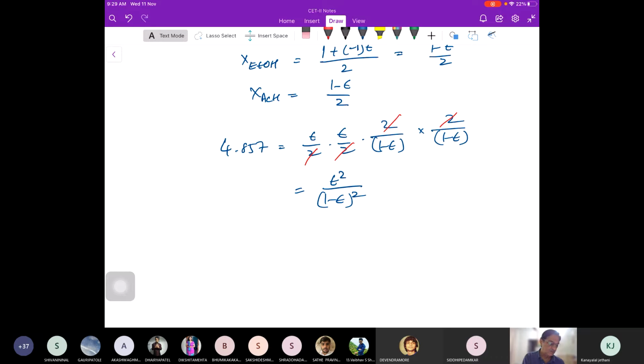So what you'll get is epsilon square is equal to 4.857 into 1 minus 2 epsilon plus epsilon square.